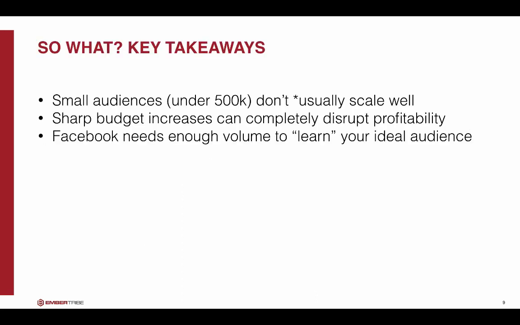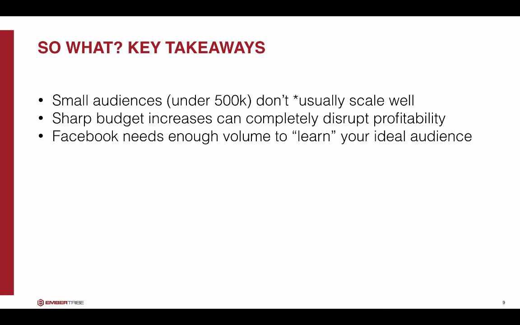So some of the key takeaways here, right? We found that smaller total audiences, so if you have a smaller yellow circle altogether, don't usually scale that well. This is just a round number, but under 500,000, it doesn't really scale as far as you'd like, right? Because you're running out of not only sweet spots, but just total audience reach.